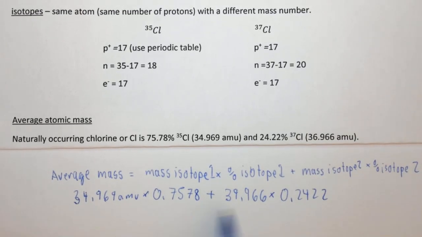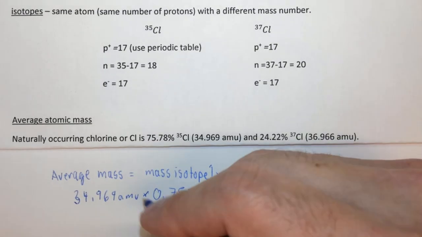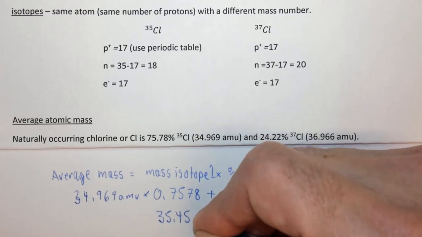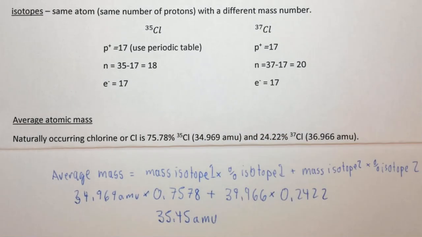We multiply these, then add them together. And what you end up with is 35.45 AMU when you add those together.